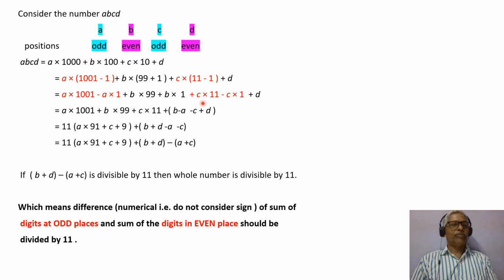Okay, you know this. Now collecting all these terms together which are multiples of 11. So A into 1001, I am not taking this term at present, taking this term B into 99, not taking this again, now this C into 11.